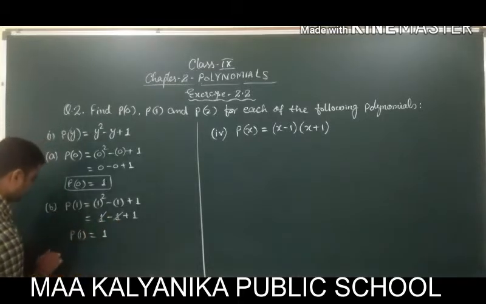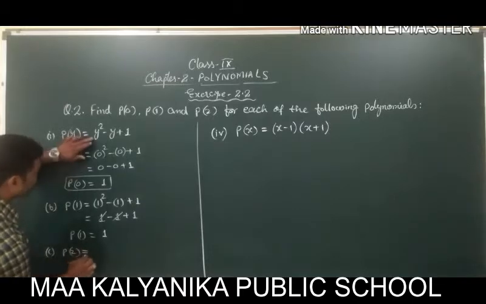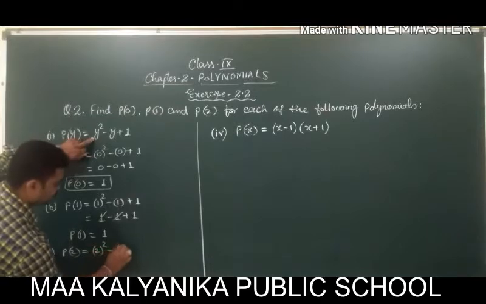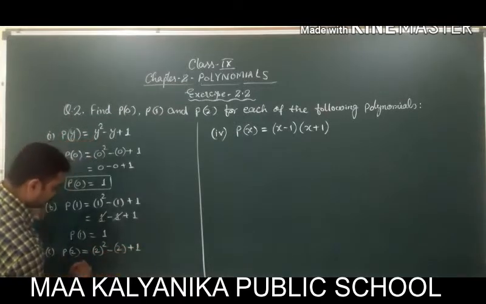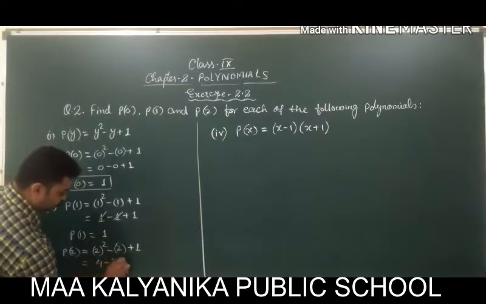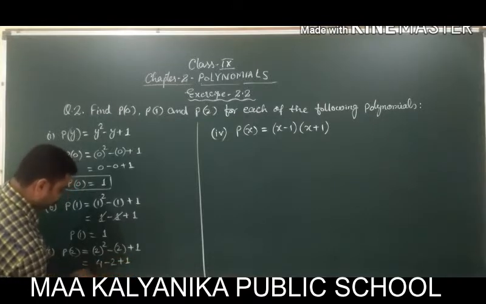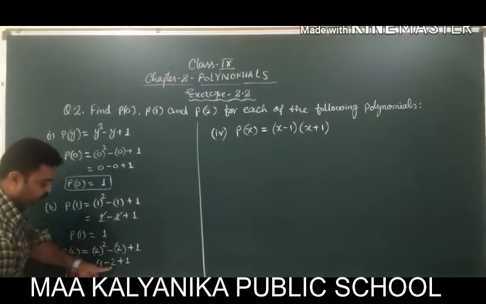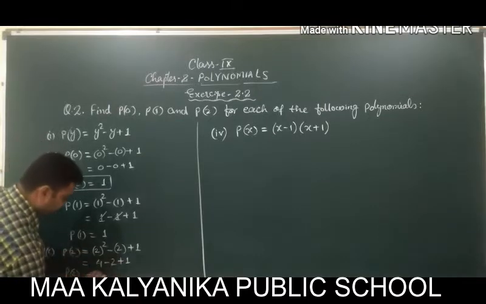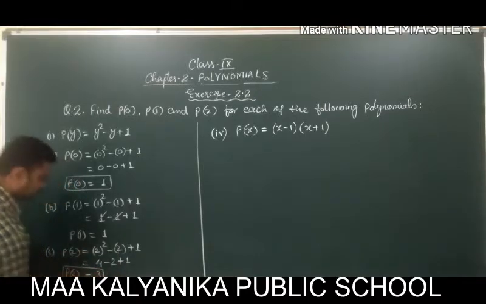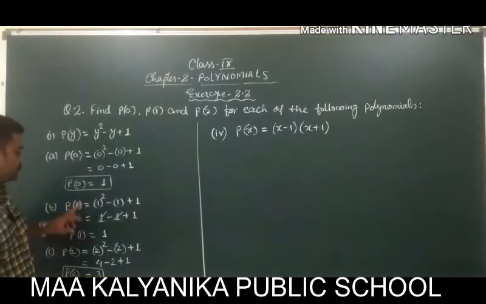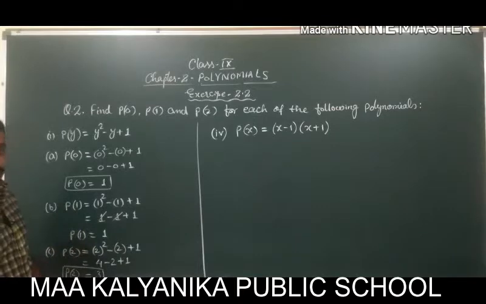Similarly p(2) is equal to, again in place of y we will put 2, so 2 square minus 2 plus 1, that is 4 minus 2 plus 1. So p(2) is equal to 4 minus 2, that is 2 plus 1, 3. So these are the three values at y is equal to 0, y is equal to 1 and y is equal to 2.